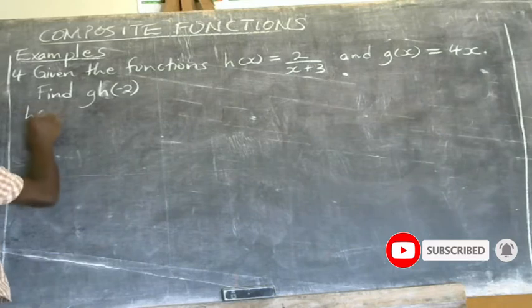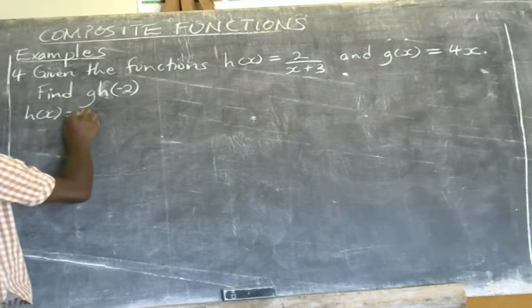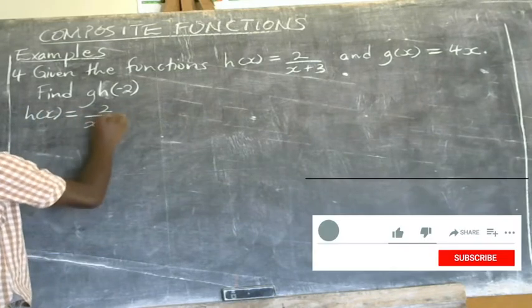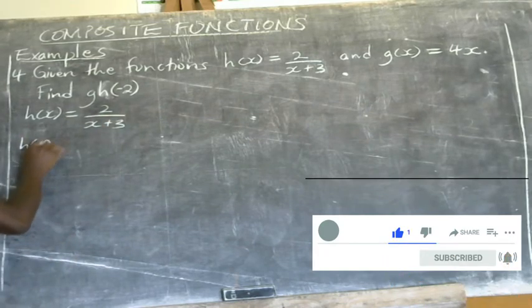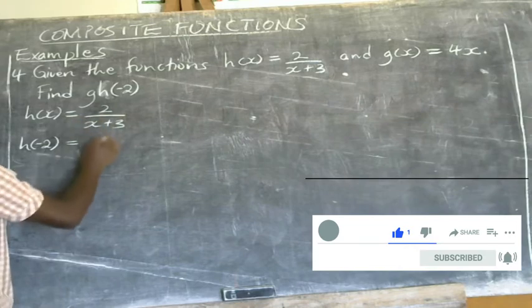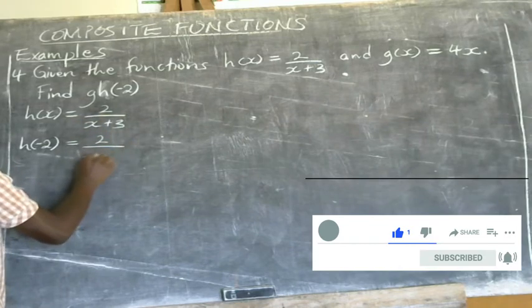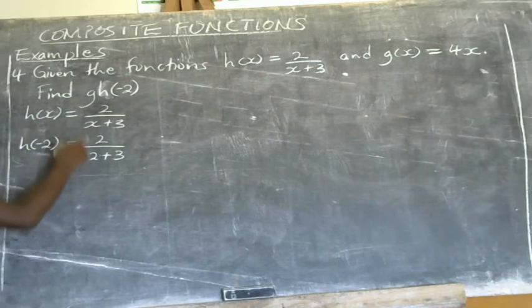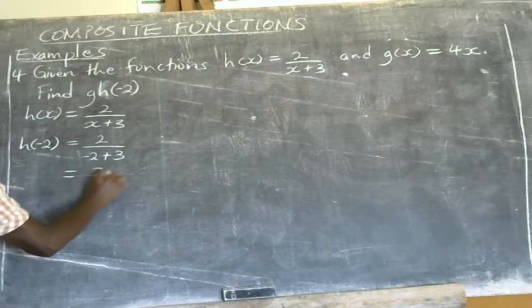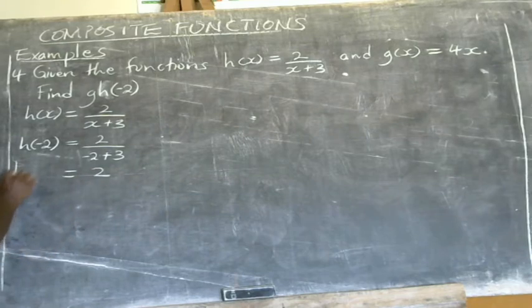So my h of x is equal to 2 all over x plus 3. So when I try to get h of negative 2, this is going to be 2 all over negative 2 plus 3. I've substituted the negative 2 for x. Then this is going to be 2 divided by 1, which is a 2.